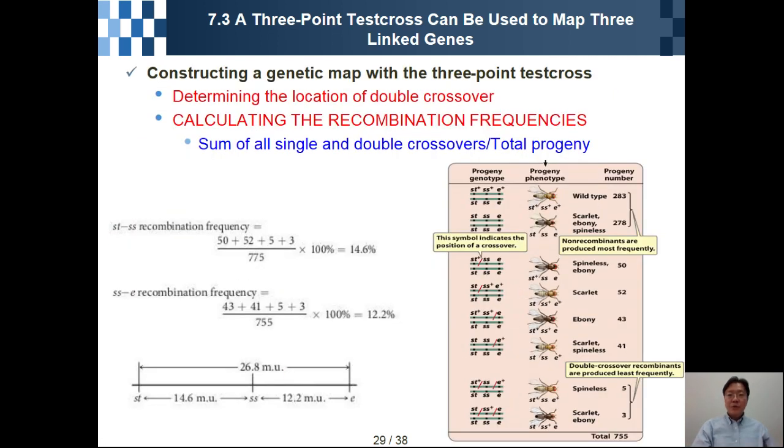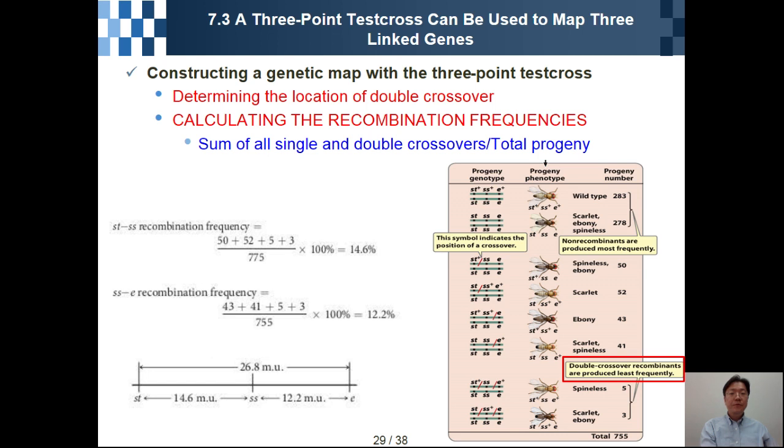This slide shows the last step when we construct a genetic map with the 3-point test process. So finally, we have to determine the location of the double crossover again. So this is the double crossover, maybe between here and here, and here and here.